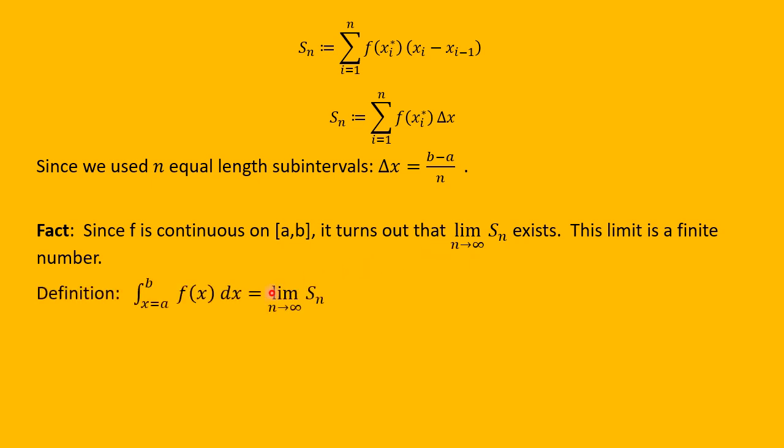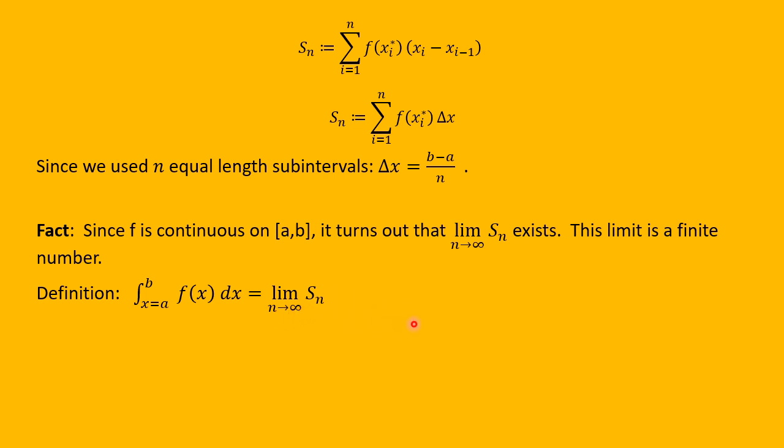In that case, we'll define the integral of f of x dx, x going from a to b, to be the limit of these Riemann sums, the S_n's. Remember, we got these S_n's by partitioning the interval [a, b] into lots and lots of small subintervals and forming a Riemann sum for each n.